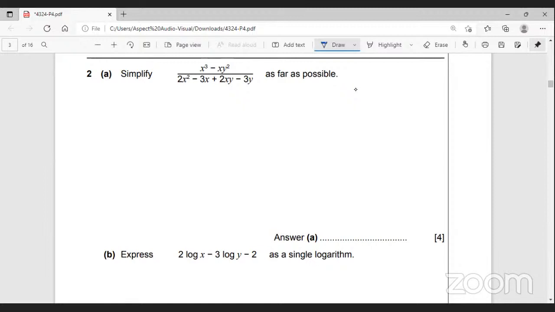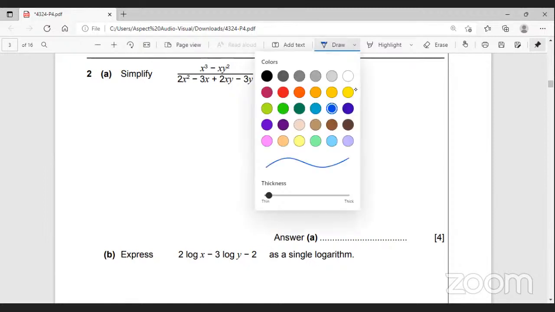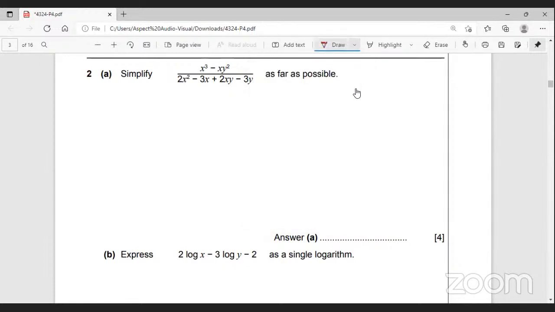And therefore, if we are to factorize the numerator, what is common? Okay, it definitely is x. Therefore, we are going to remove x. And therefore x to the power 3 divided by x is going to be what? So it's going to be x squared.